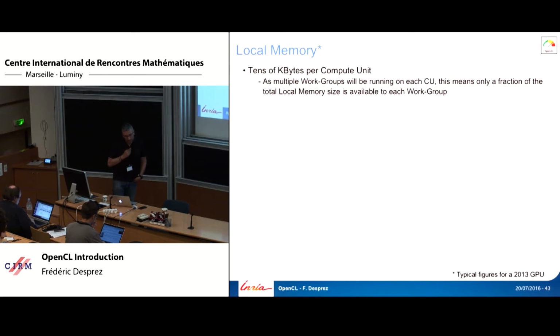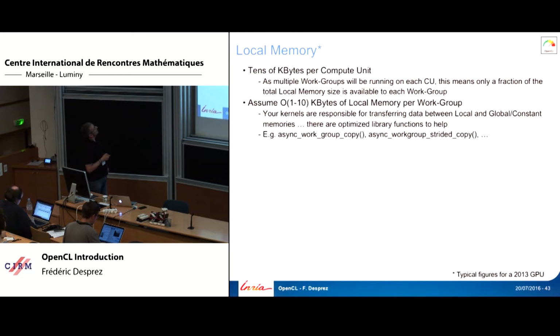About the local memory, it's bigger. It's shared between all these work items, so only one fraction of this memory will be available for each work group. It's usually not that big, but it's very fast.